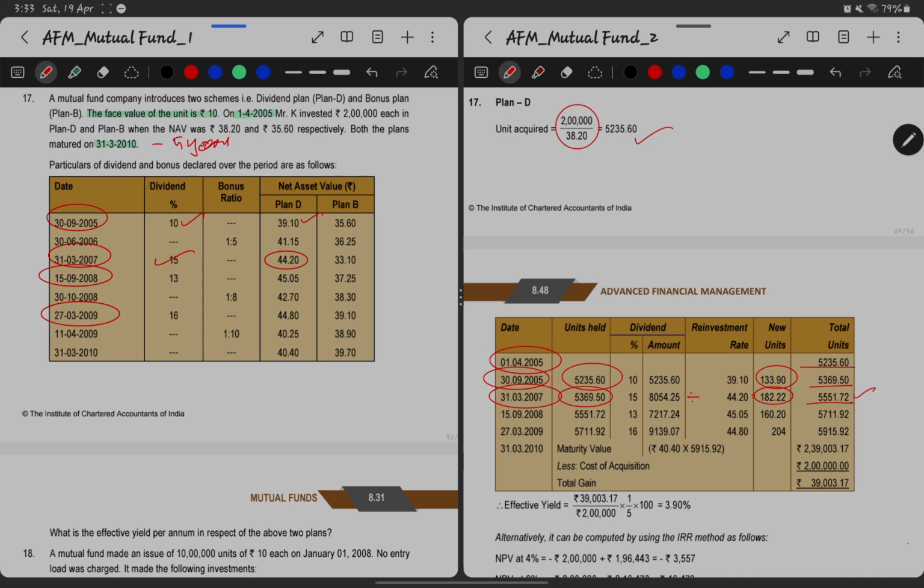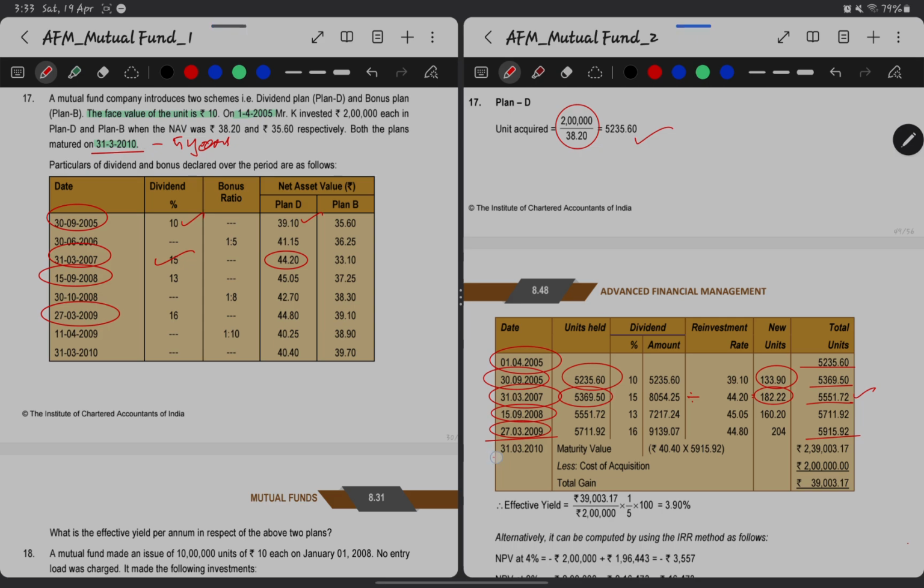The same way, whenever a dividend is issued, we have to take those dates. So the next two dates are 15th and 27th. The same is considered in the solution. And the balance as on 27/3/2009, because that is the last day the dividend was issued, is 5915.92. And after a year, on 31/3/2010, the plans got matured.